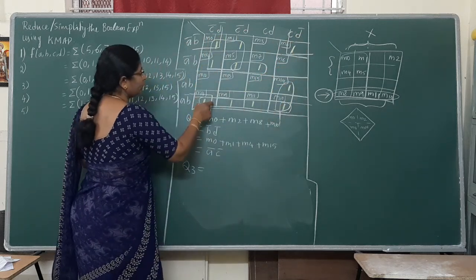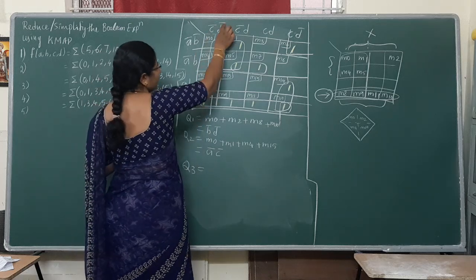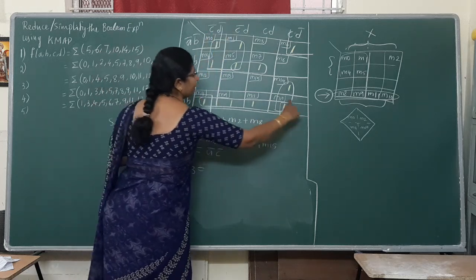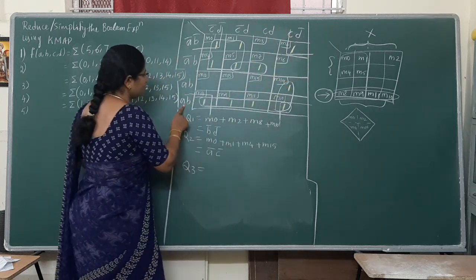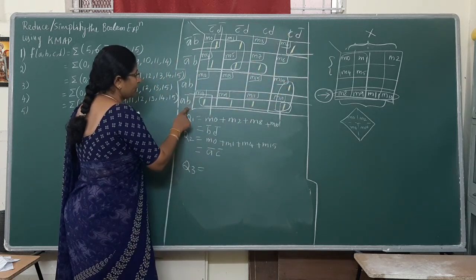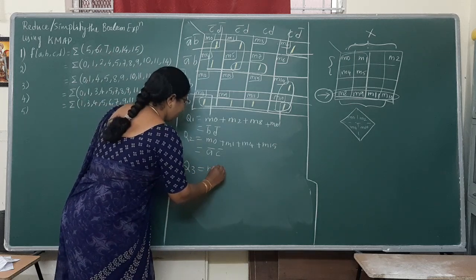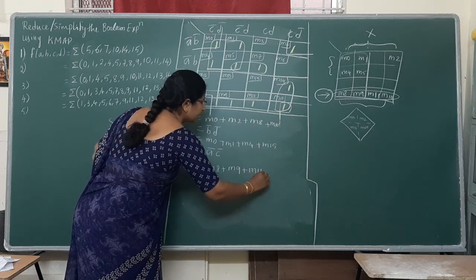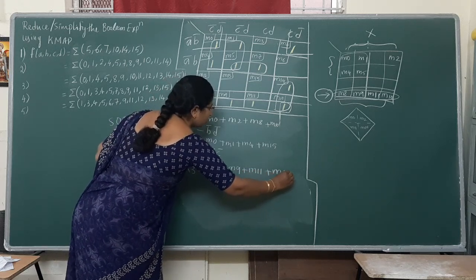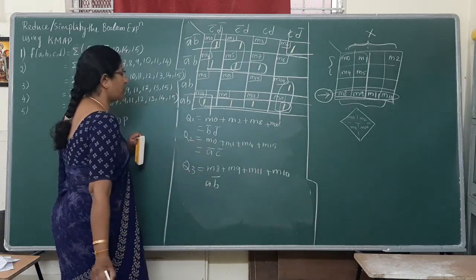When we have vertical, row labels get cancelled. Now we have it horizontally, so all column variables get cancelled. We got the common variable here, A and B complement. The group is M8, M9, M11, M10. So A, B complement is common.